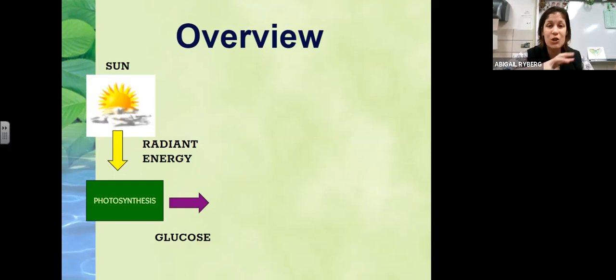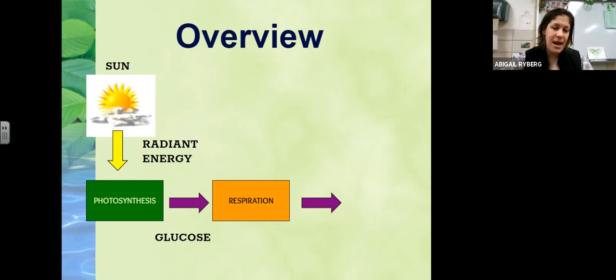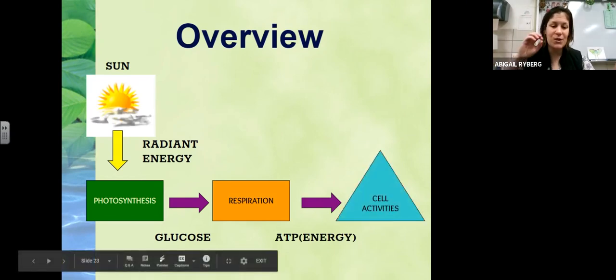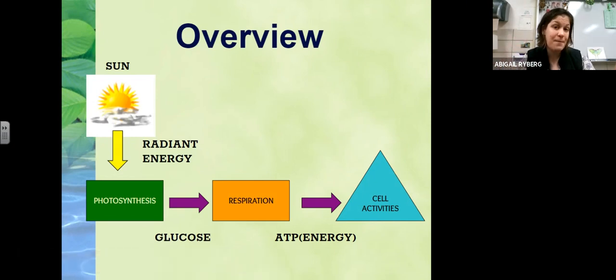So if we're only tracking energy, we have energy from the sun being converted to glucose. Glucose is eaten by animals. Animals like us go through respiration. And then the end goal is to transform glucose into ATP, which then can fuel our individual cellular activities, right?